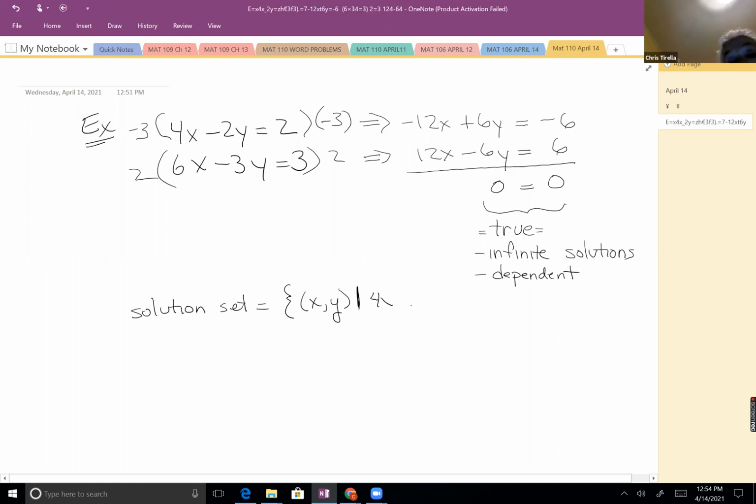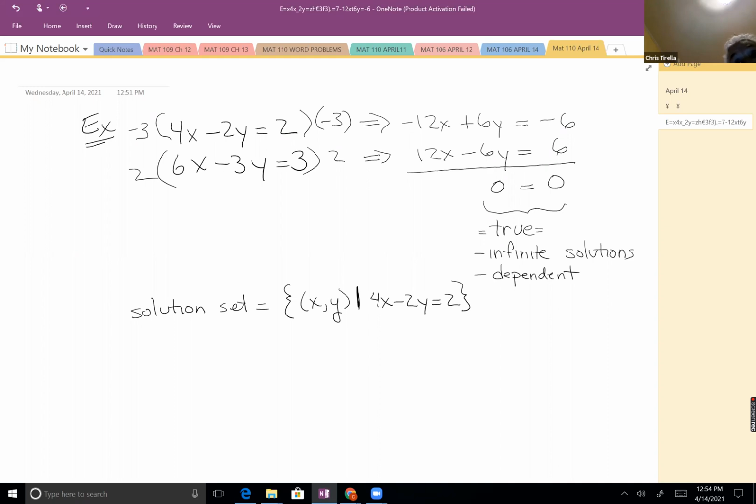I'll use that 4x minus 2y equals 2. I could just as easily have put the other equation because we've shown that the two equations are equivalent. They say the same thing. And so I know this would be the case where your two lines fall right on top of each other if you were to graph them. They turn out to be the same line.